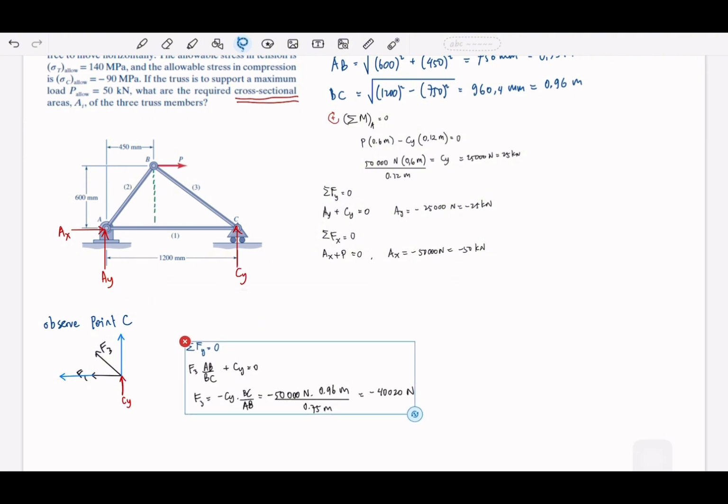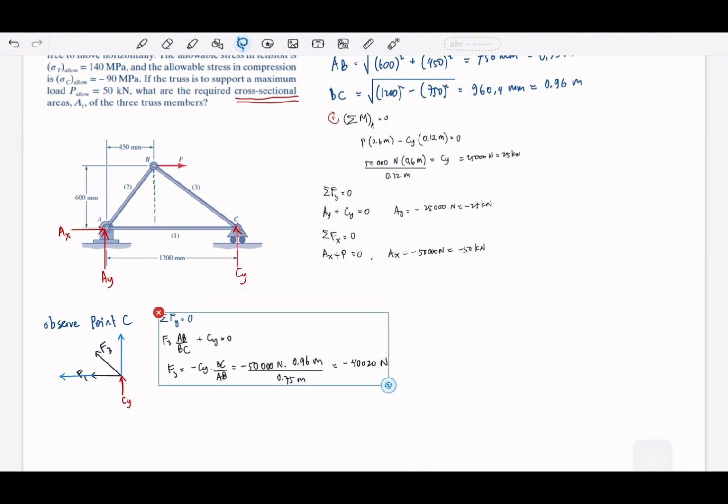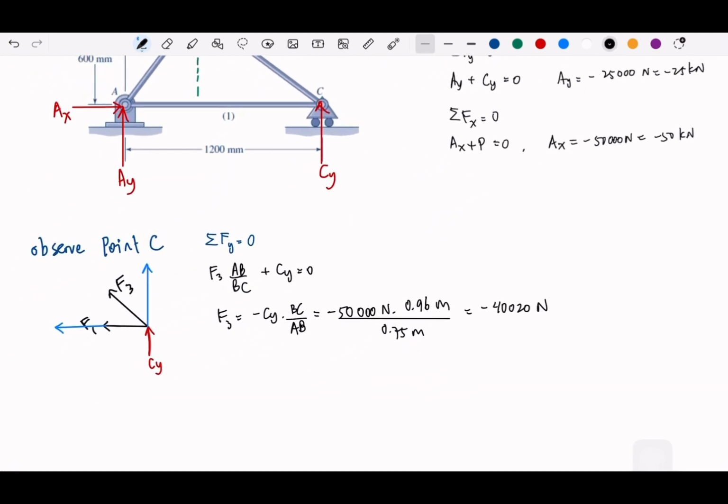And then from the same point C, we can get the sigma Fx, right? Sigma Fx will be F1 and F3, right?